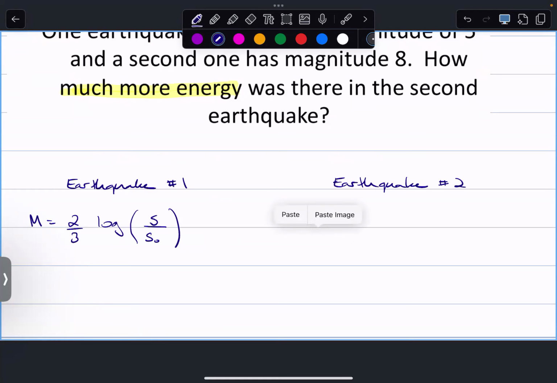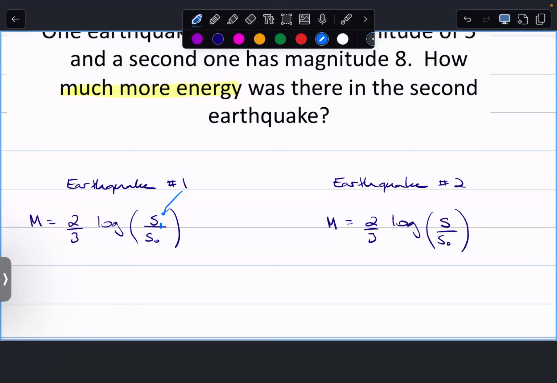And for earthquake number 1, I'm going to denote it by S subscript 1. I'm also going to have M is 2/3 times the log of S over S naught, but this is for earthquake number 2, so I'm going to put a little subscript 2 there.